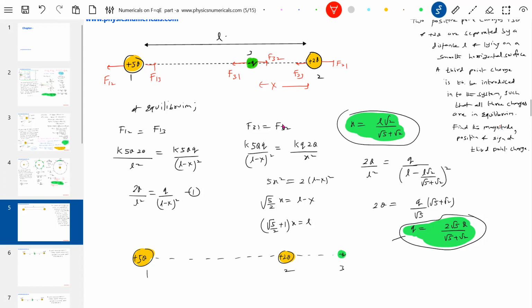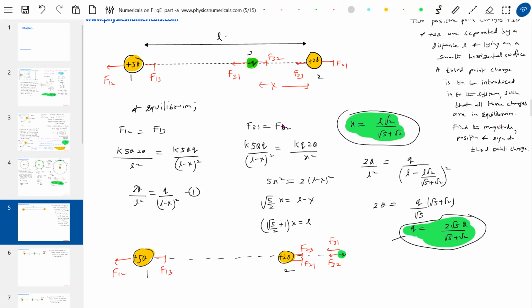Let's see the forces acting here now: F23, F21, F12, F13, F32. Is equilibrium possible?